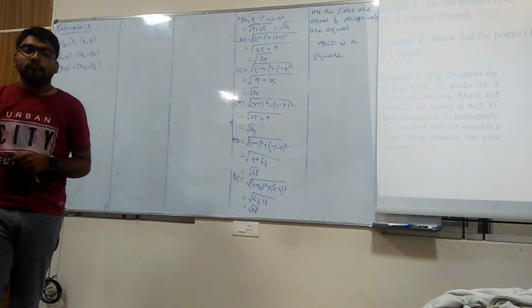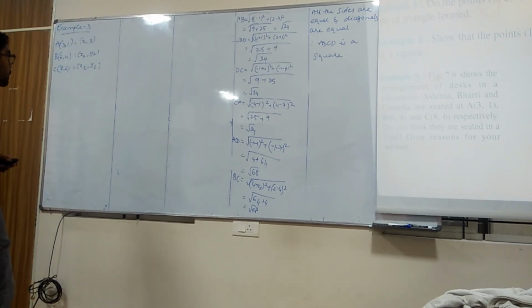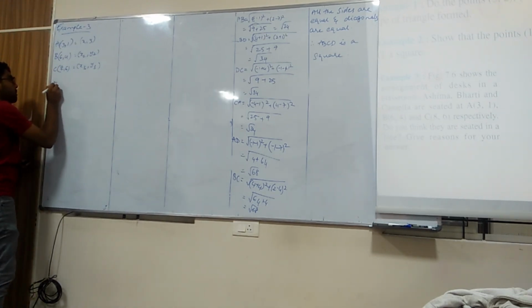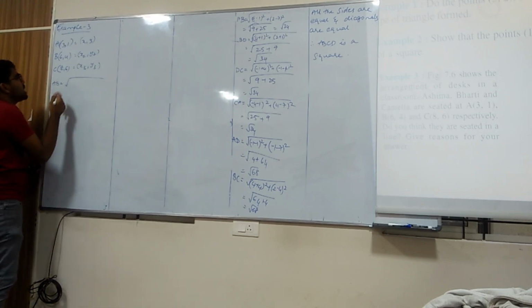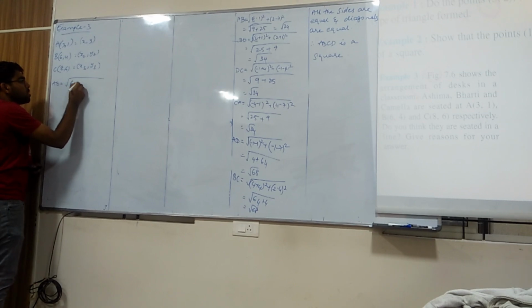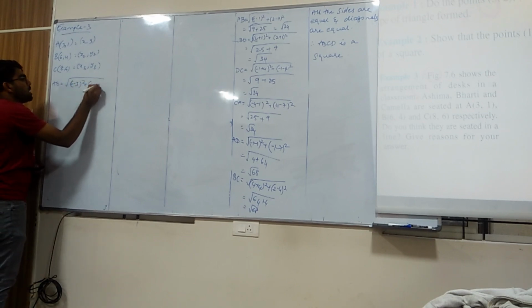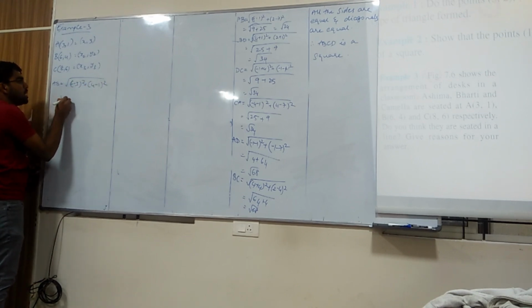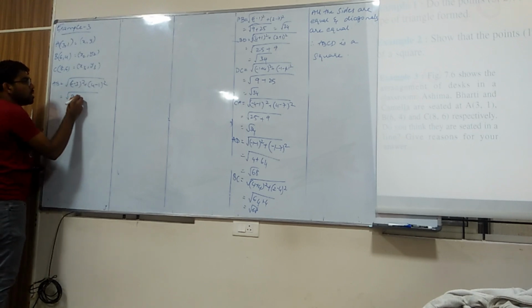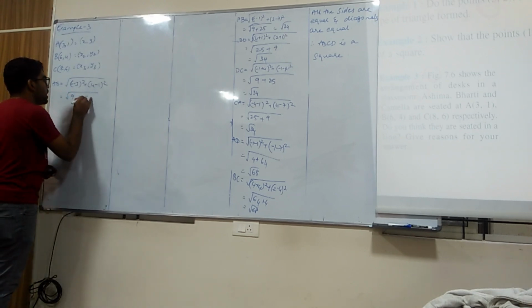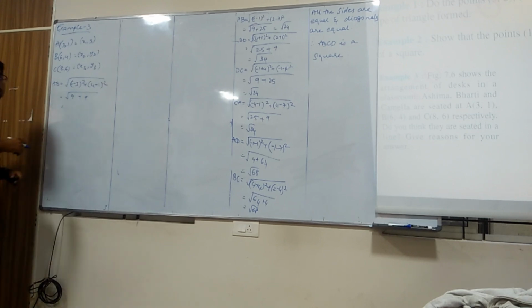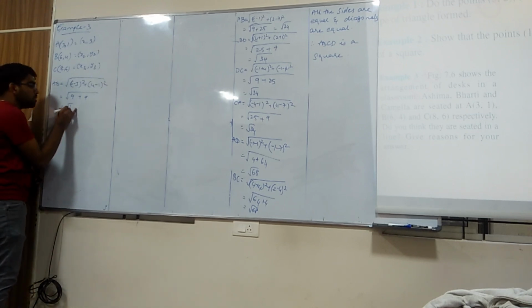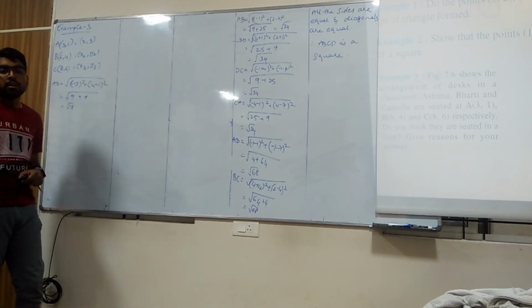Okay. First find the length of AB. Root of x2 minus x1, 6 minus 3 the whole square, plus 4 minus 1 the whole square. 6 minus 3, 3 square is 9. 4 minus 1, 3 square is 9. 9 plus 9, 18. Yes? Root 18. Okay?